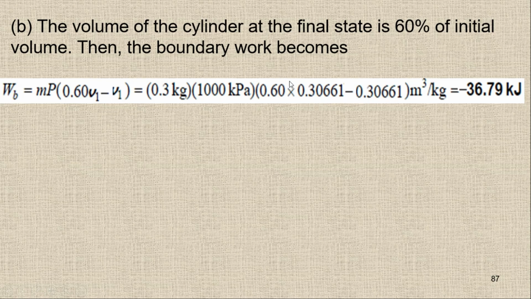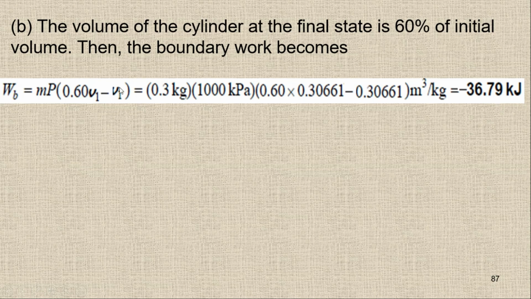So this is V2 minus V1, and then pressure times the mass, and then you will get a negative answer of 36.79 kilojoules. This negative sign is again showing the compression work. So this is the maximum boundary work, because after that we have the stops and the piston will not move downward.